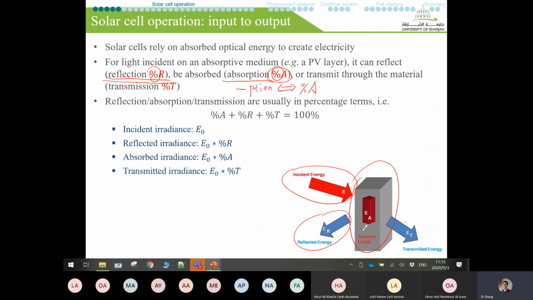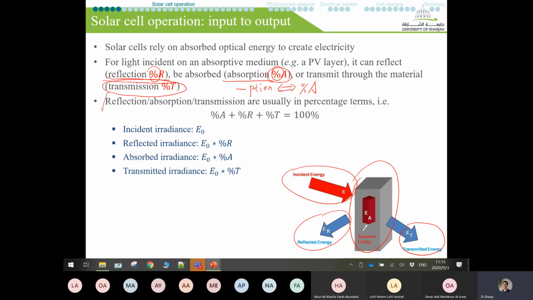Finally, if the material is thin enough, meaning that not all of the photons, not all of the irradiance can be absorbed inside the thickness, then a part of the irradiance may come out from the backside of the material. This is what we call the transmission, or percentage transmission.